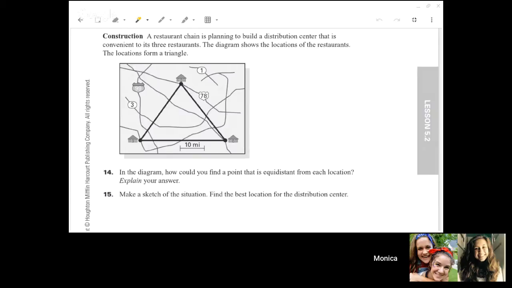And then explain your answer. So for that, we're going to have to go back to the chapter and to the theorems that we have and see what we can use. Do either of you know which theorem we're going to use?